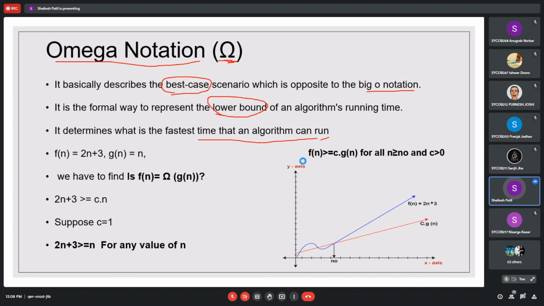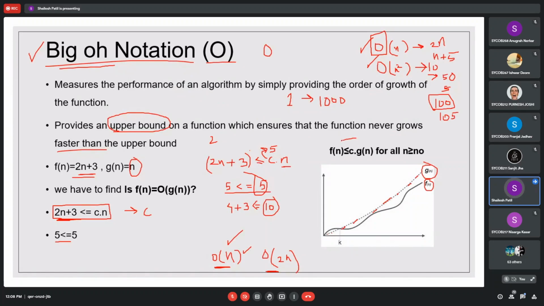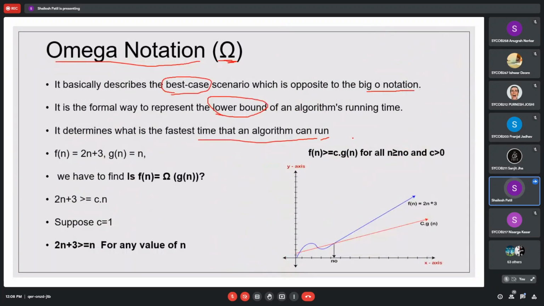Here, we write f of n is greater than or equal to c g of n for all n greater than or equal to n0, and c is also greater than 0. The same formula, we will take 2n + 3.